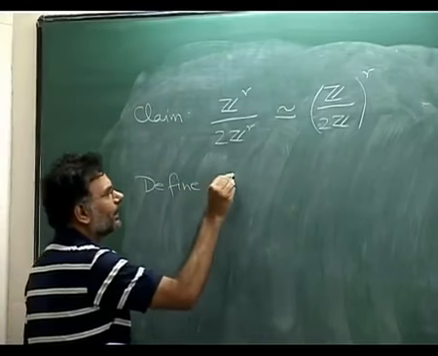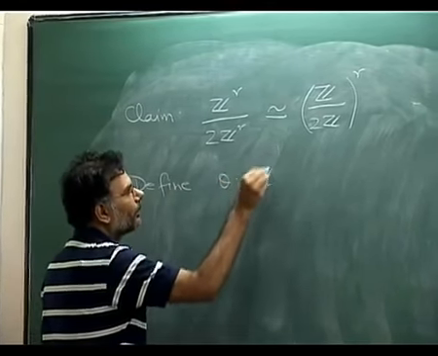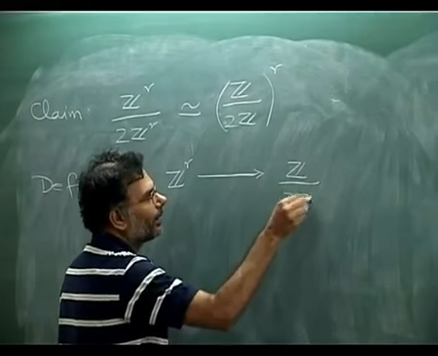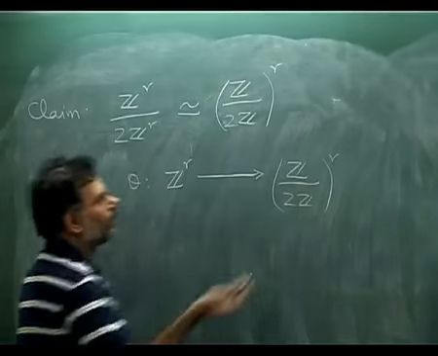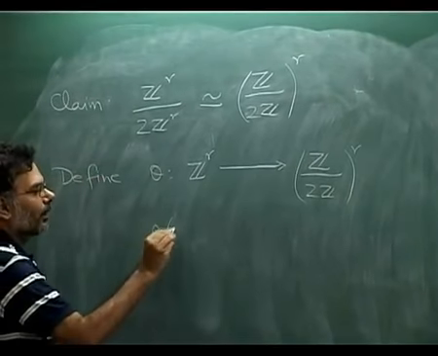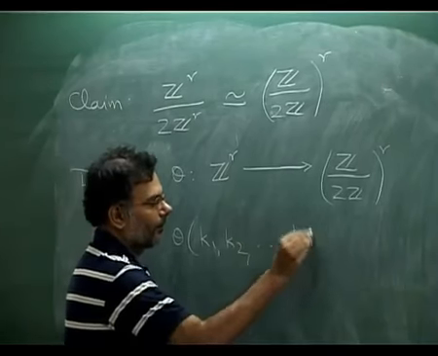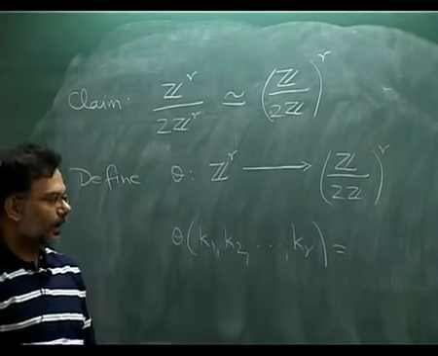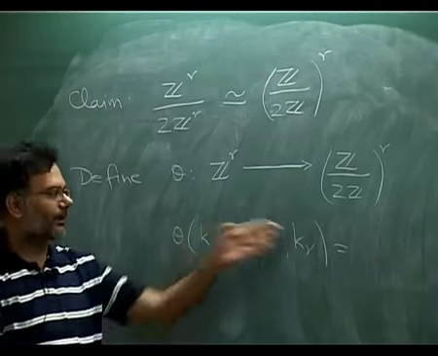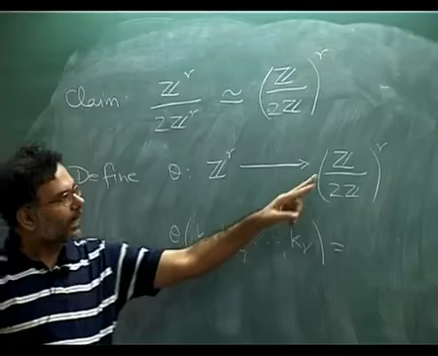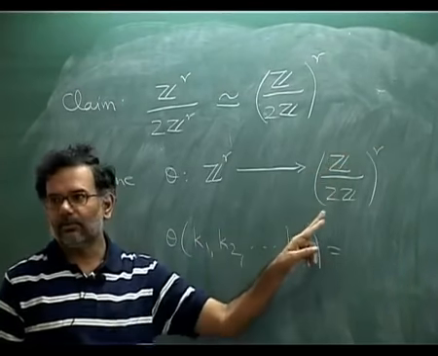So define, and generally it will be easy to do that, define theta from the numerator into Z mod 2Z power R. What can it be? Theta of k1, k2, up to kr equals, I normally write it as column vectors, but here I have written it as a row, it does not matter. I have to give you R elements in Z mod 2.